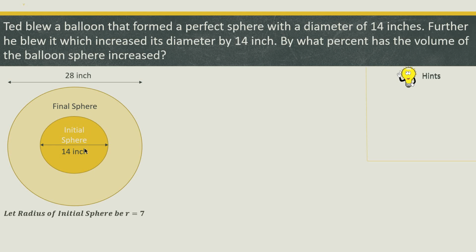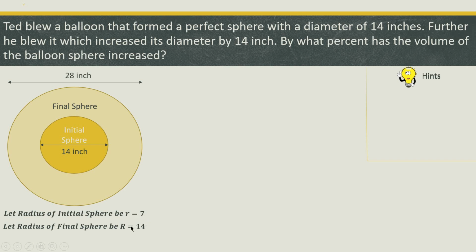So let's keep the radius of the initial sphere as small r, which is equal to 7, because the diameter 14 divided by 2 is 7. Similarly, let's keep the final sphere radius as capital R, which is 28 by 2, that is 14.